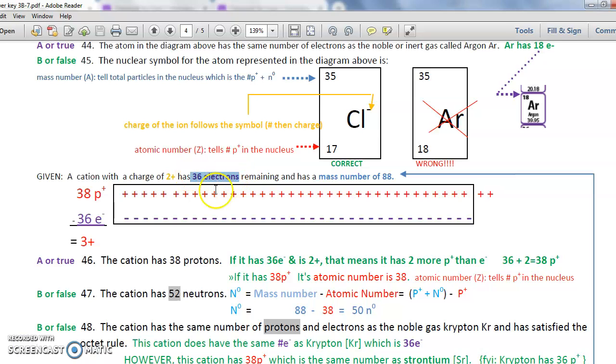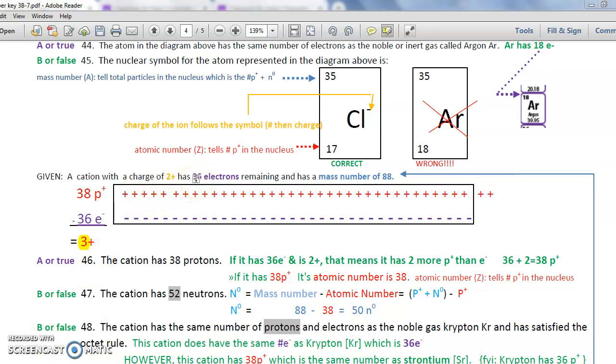Well, if it has 36 electrons, let's put them there. There's 36 electrons. If it's 2+ charge, there are 2 more protons than electrons. So it has 36 protons to offset these 36 electrons, plus 2 extra protons.